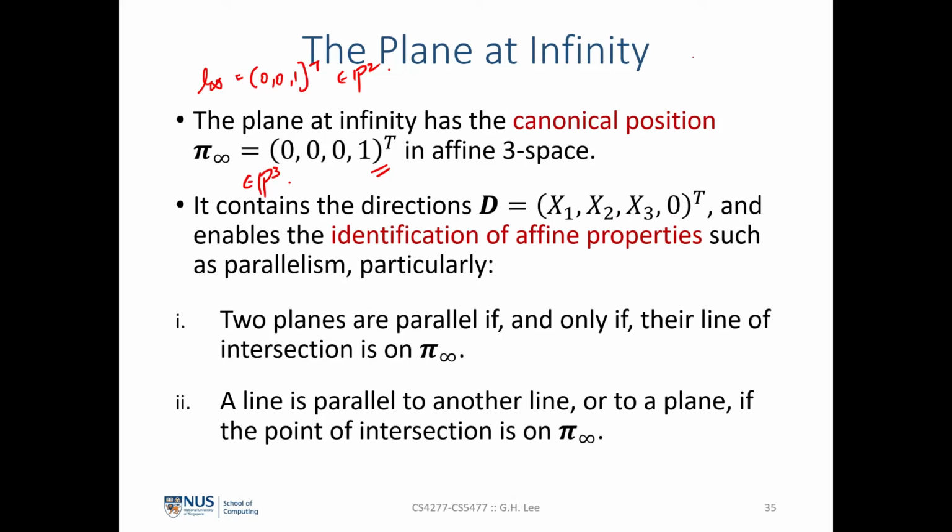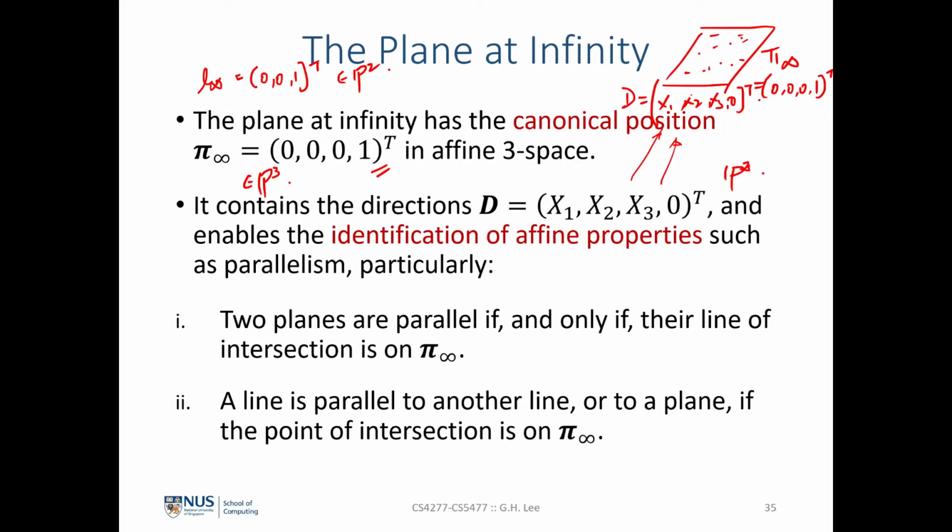So what this means is that the plane at infinity, denoted by pi infinity, which is given by (0, 0, 0, 1) transpose, contains all the points that are the ideal points in the P3 space, denoted by D, which equals (x1, x2, x3, 0) transpose. And these represent the directions that are pointing from the finite space to the infinite space.